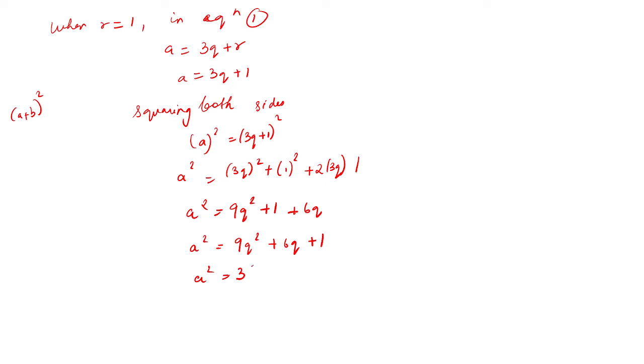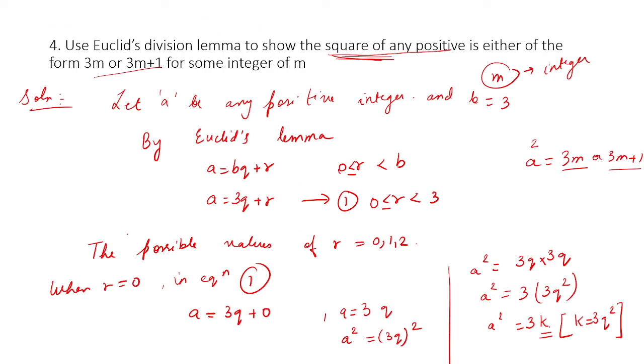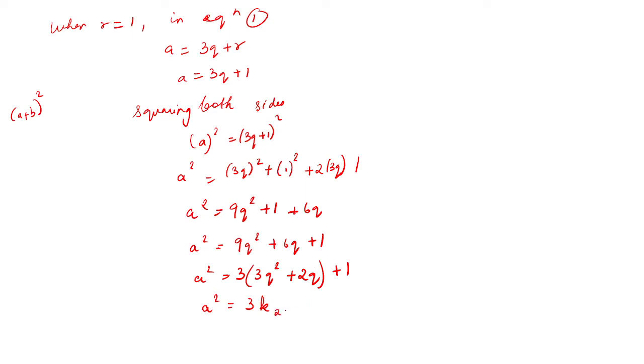If I take 3 common, I'll be left with 3q square plus 2q plus 1. So now I'll write this as 3 times k1, I'll just write here k1, and this is going to be k2 plus 1, and in bracket you can write k2 is actually equal to 3q square plus 2q.